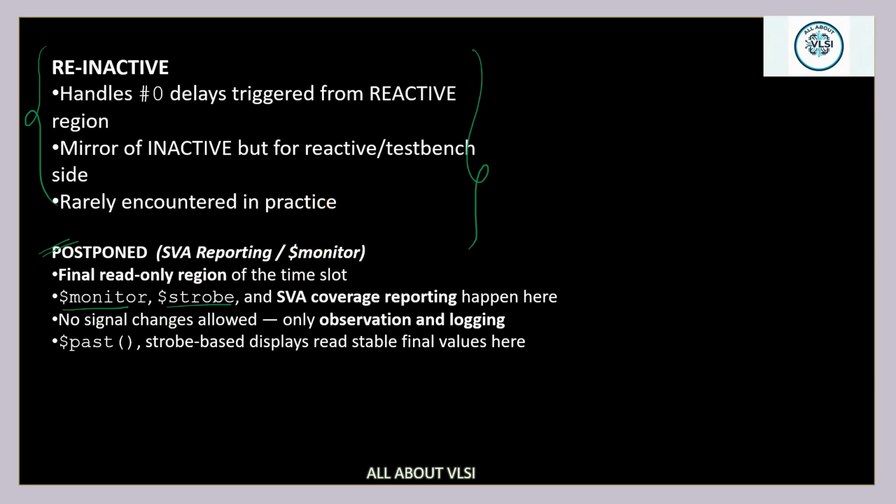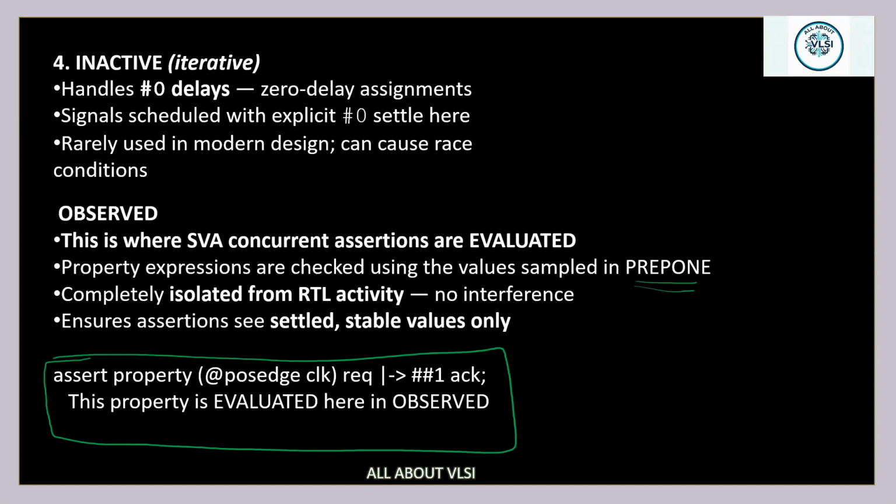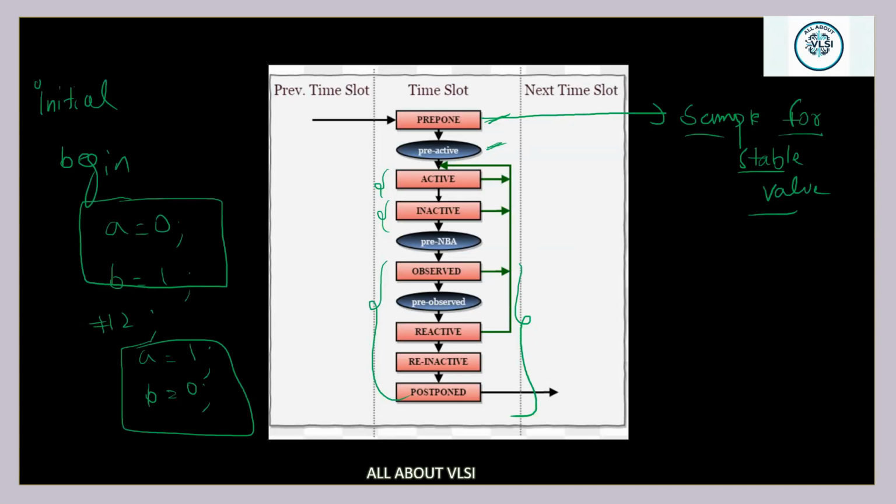That's it. So this is how your assertions are evaluated, and how the messages are executed. Over here, assertions are evaluated in the observe region, and here in the reactive region you get your pass or fail messages.